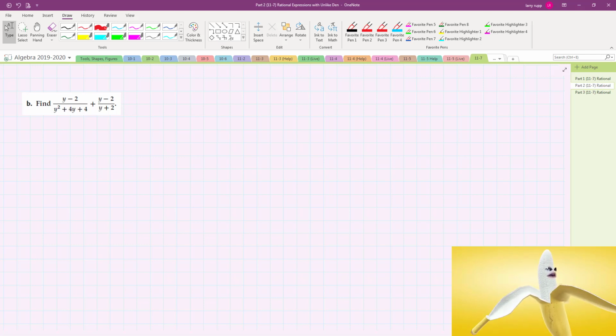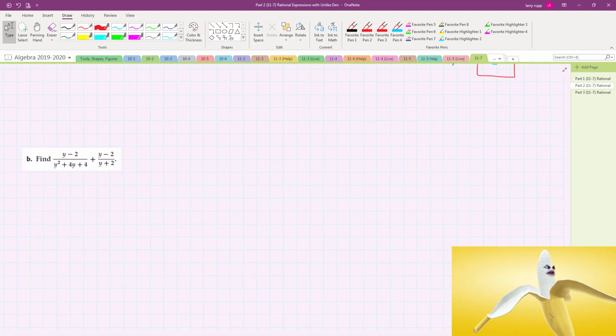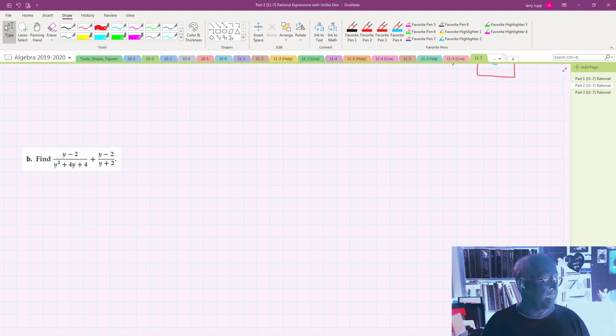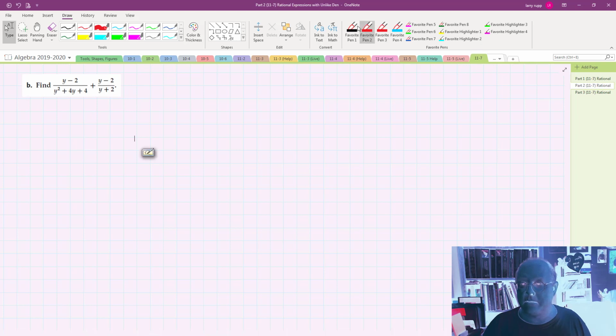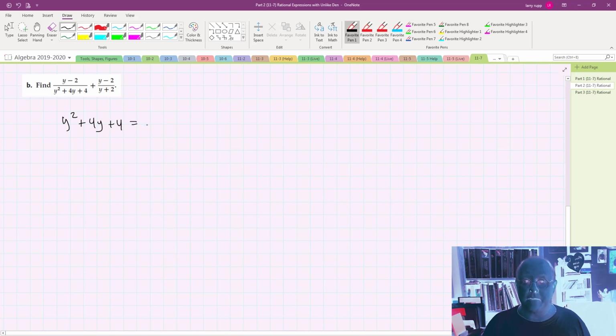So, what's the first thing that we have to do? We need to find the least common multiple between these two expressions here on the bottom. So the first one, y squared plus 4y plus 4. Again, we have to factor this.